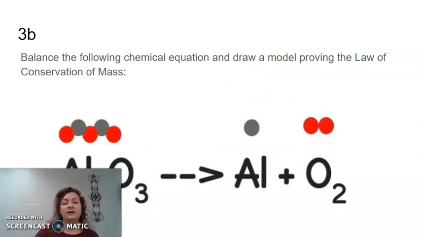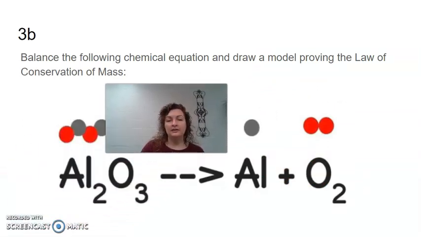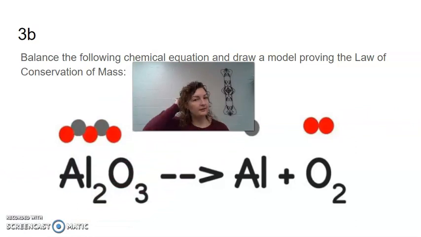All right, now if we look at this one, I'm trying to get a good spot for you guys to see. It says, balance the following chemical equations and draw a model proving the law of conservation of mass. So here we have aluminum oxide, and it's decomposing, right, into aluminum and oxygen separate.